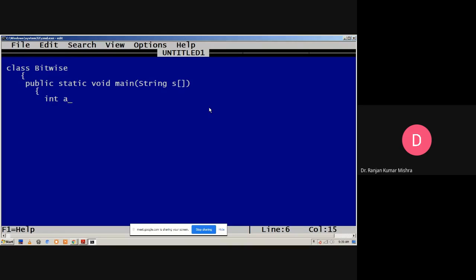Now we use two values, a equal to 5 and b equal to 6. Basically, these two values were also used in the previous session. Now we use operators like bitwise and, bitwise or, and bitwise not. System.out.println.